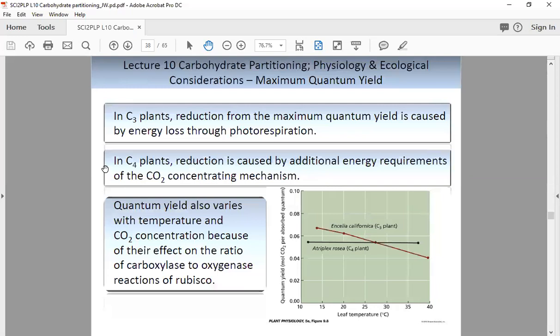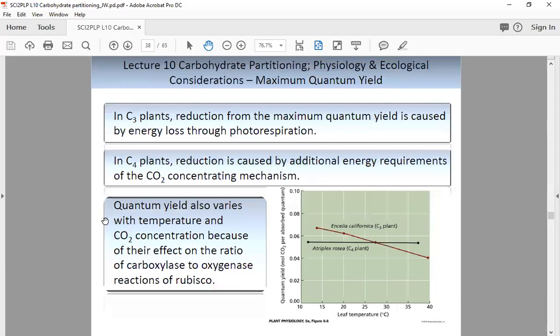Okay, so let's look at this graph here, another important graph. But before we do, let's just look at this information here, which is also important. Quantum yield also varies with temperature and carbon dioxide concentration because of their effect on the ratio of those conflicting reactions of Rubisco.